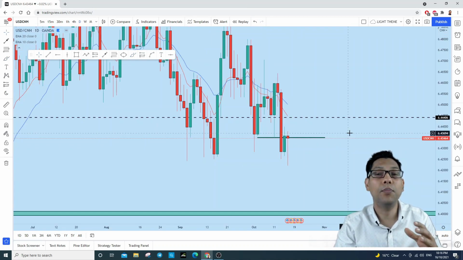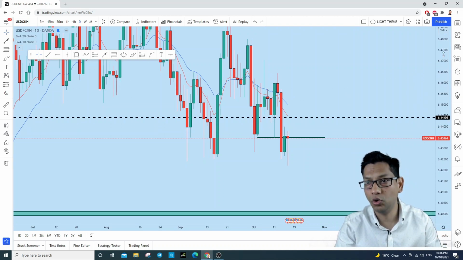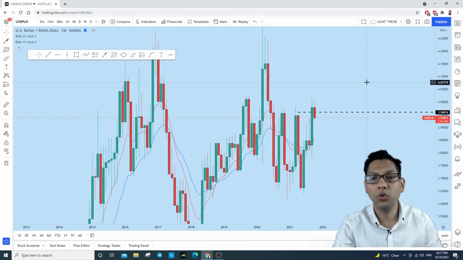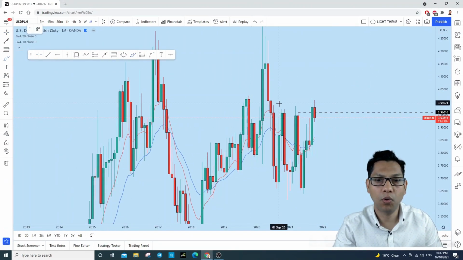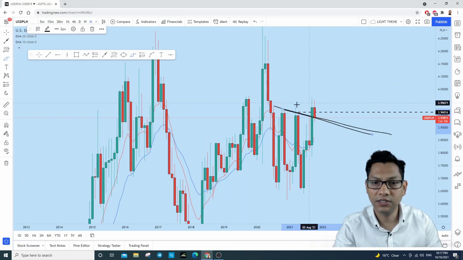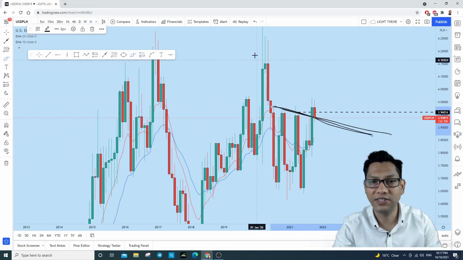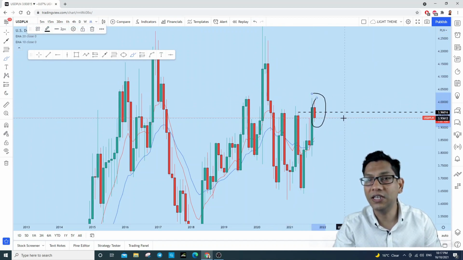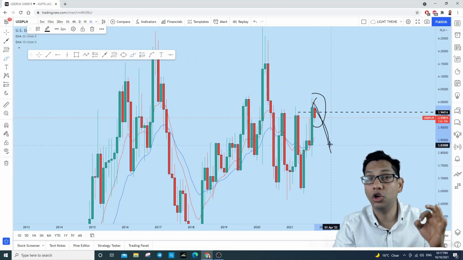Now let's jump on to another currency pair that we will be analyzing, USDPLN. On the monthly, we see that the price just broke this important level of resistance, and in the current month USDPLN is dropping.